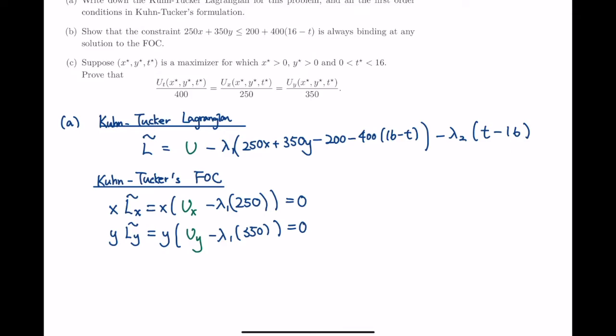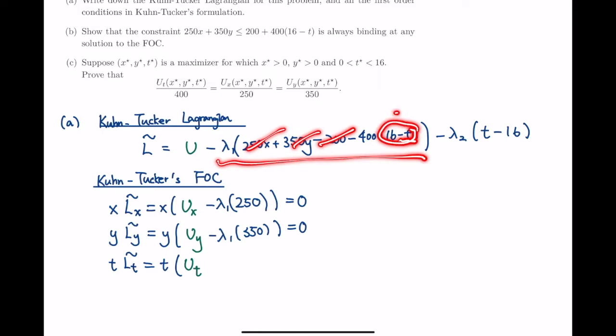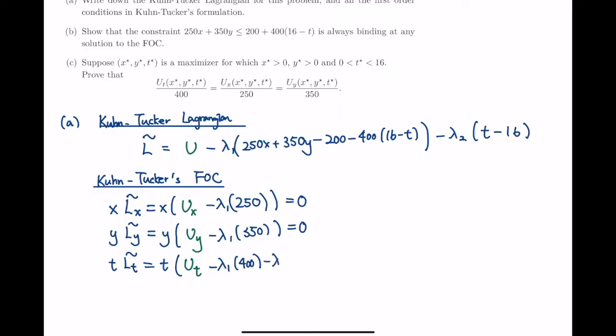And then you also have the variable t, and that becomes t times the derivative with respect to t, which gives ut. Differentiating the budget term with respect to t, the only term that survives gives minus 1 times minus 400, so you get plus 400. So minus lambda 1 times 400, and then minus lambda 2, differentiating with respect to t, you get 1, so times 1, equals 0.